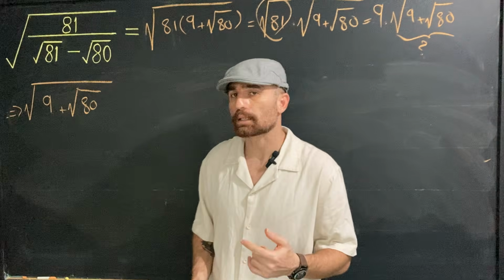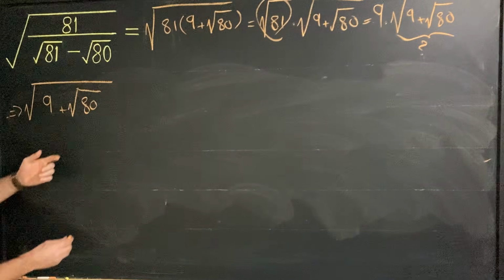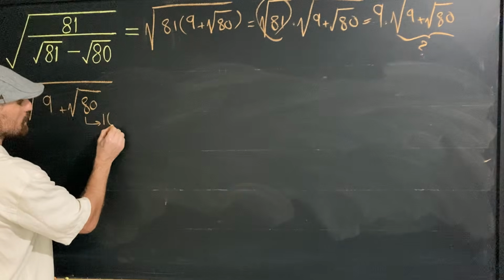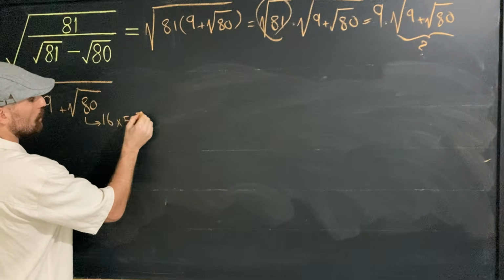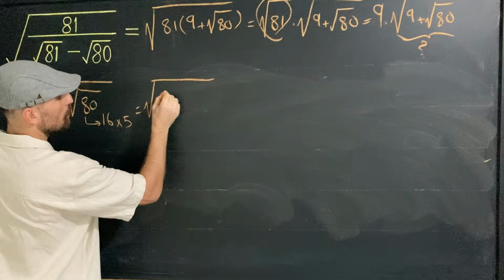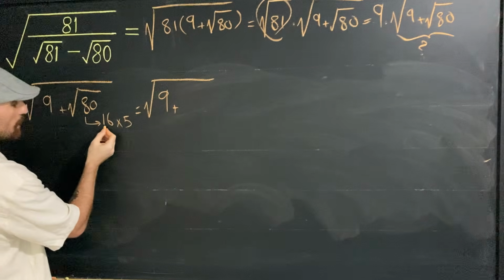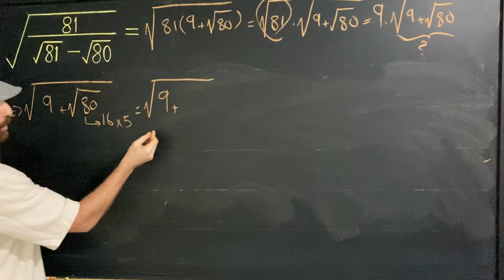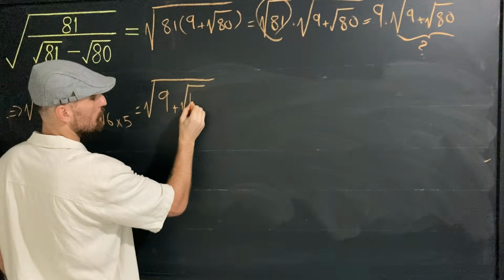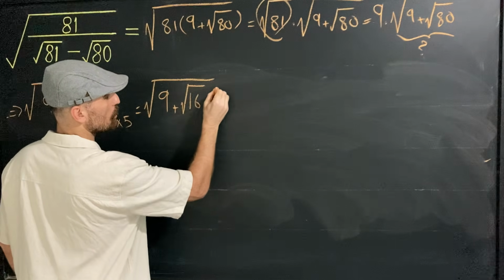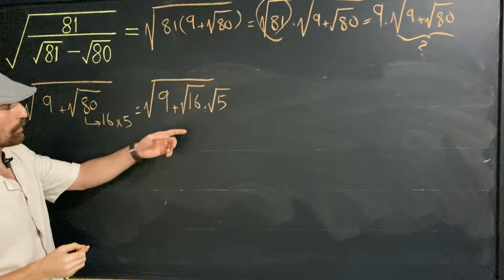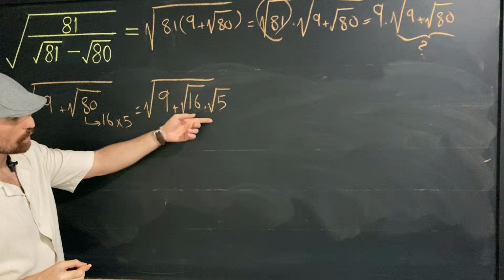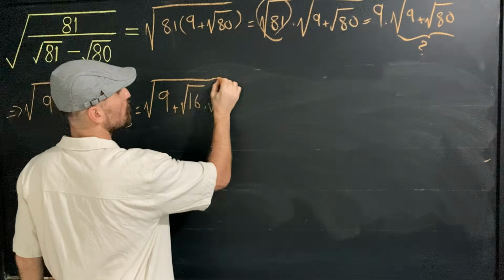So in this case, I'm going to rewrite 80 as the product of 16 and 5. So it is going to be 9 plus second root of 16 times 5, or second root of 16 times second root of 5. Second root of ab can be written in the form of second root of a times second root of b.